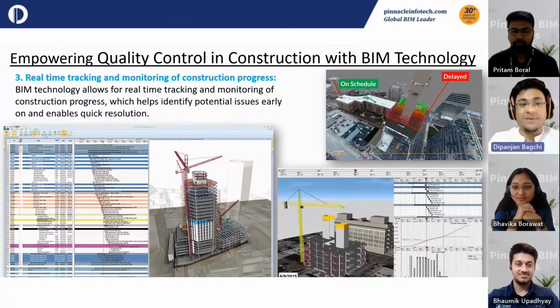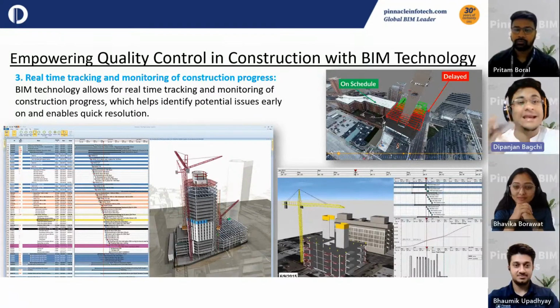During the construction phase, BIM enables real-time tracking and monitoring of progress. Construction teams can input and update the information in the model, reflecting the actual status of each task, including completed work, work in progress, and any delay or modification. This allows project managers to have an up-to-date overview of the project progress at every given moment.